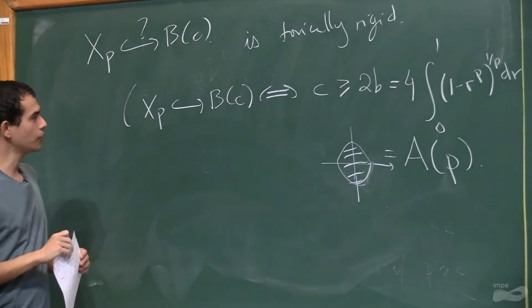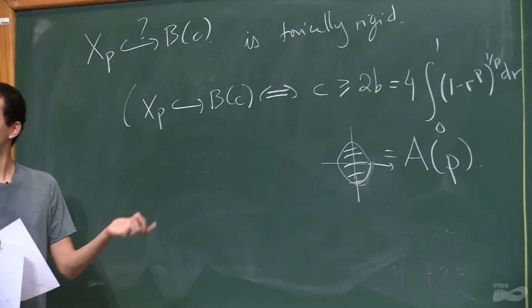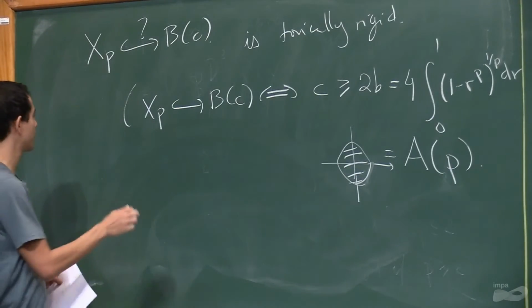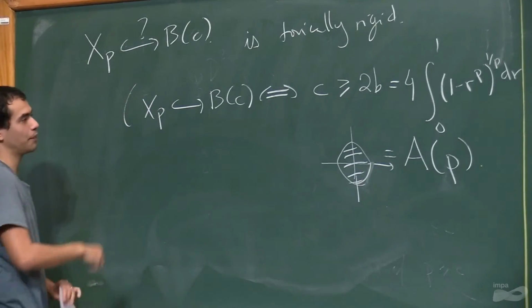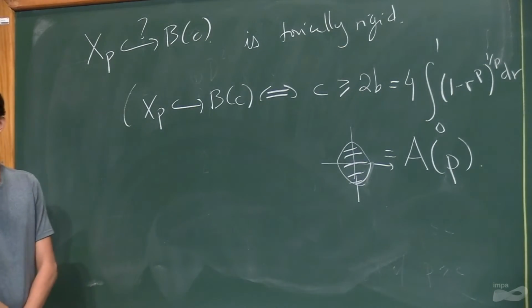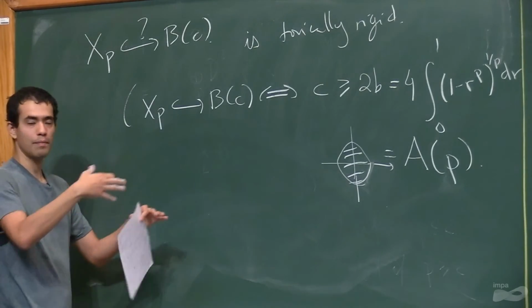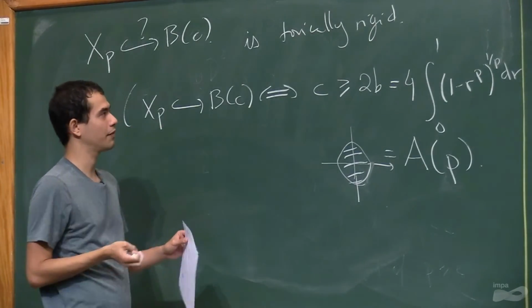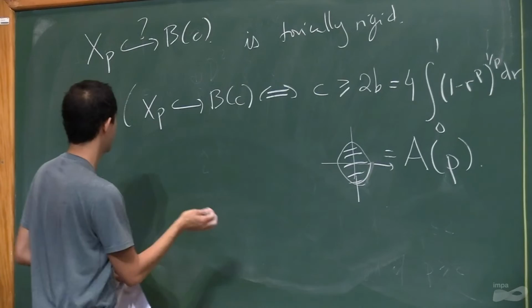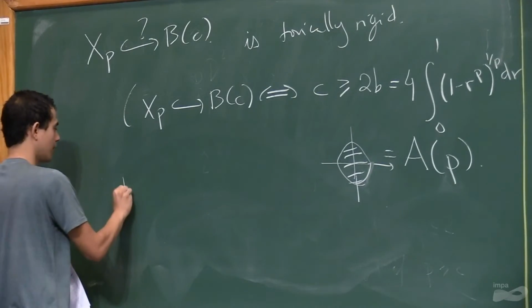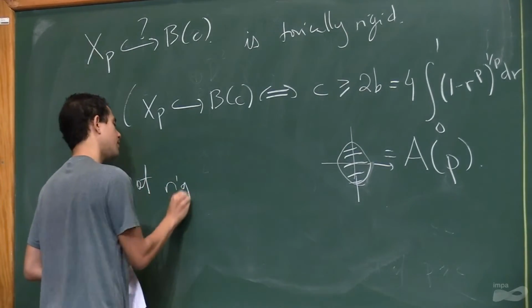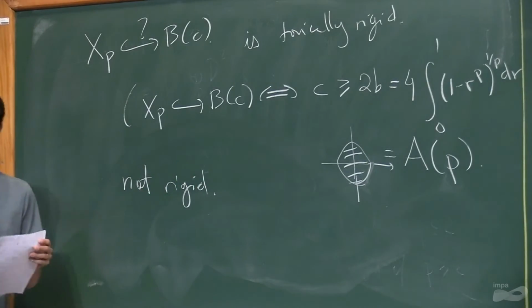So you get this number, which is a pretty nice number. So it's torically rigid. You compute this number, and it's not rigid. It's not hard to see that the best thing that you can actually embed it into is just a ball of capacity. It's not that one, so it's not rigid, but it's still torically rigid.